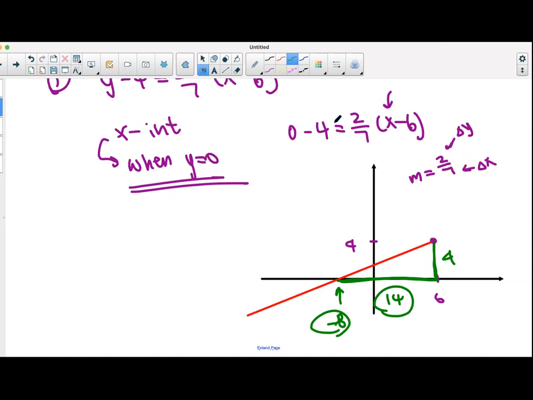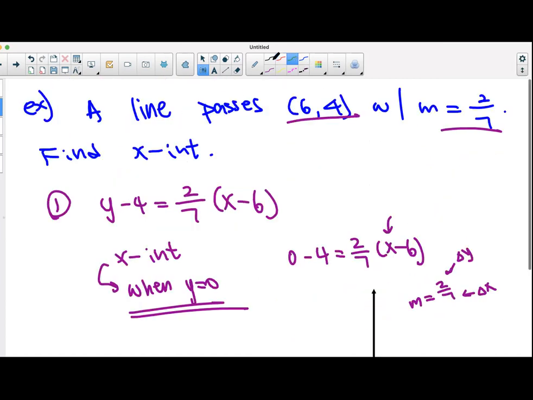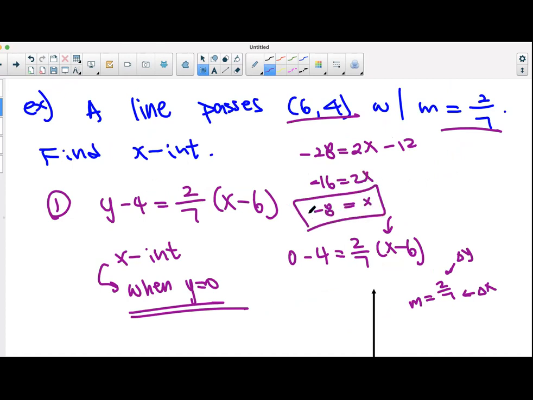So what do we end up getting, guys? I'm going to multiply everything by 7, so I get negative 28 is equal to 2x minus 12. When I add 12, I get negative 16 equals 2x, and x equals what? Negative 8. Oh, okay, I can get that correct.